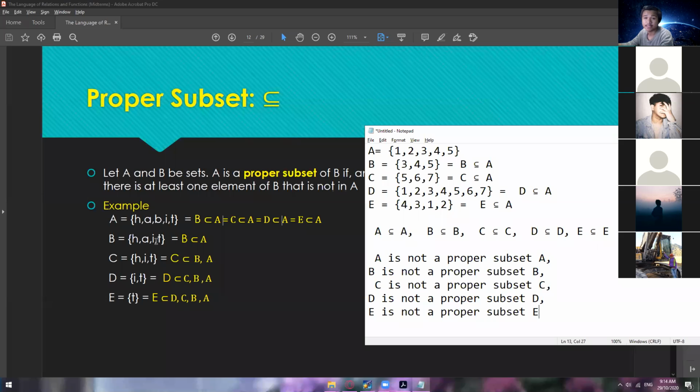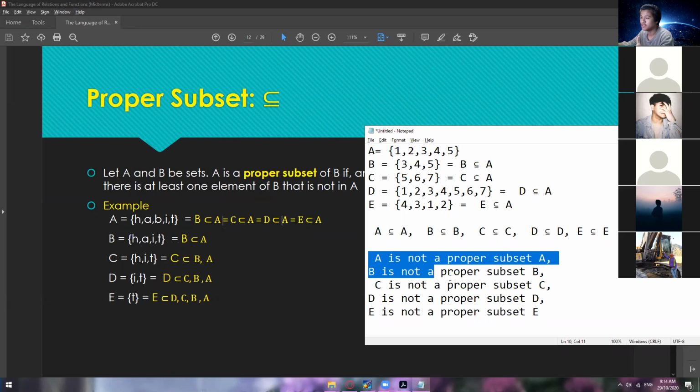So hindi dapat sila equal. So in other words, dapat merong isang naiiba dun sa superset natin. Or dapat merong isa or dalawa or tatlo na hindi mahanap dun sa proper subset natin. So dapat mas marami yung elements ng superset natin kaysa sa proper subset. Okay? Hindi pwedeng parehas sila.